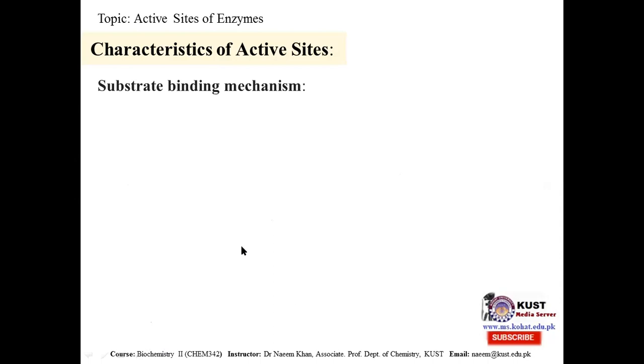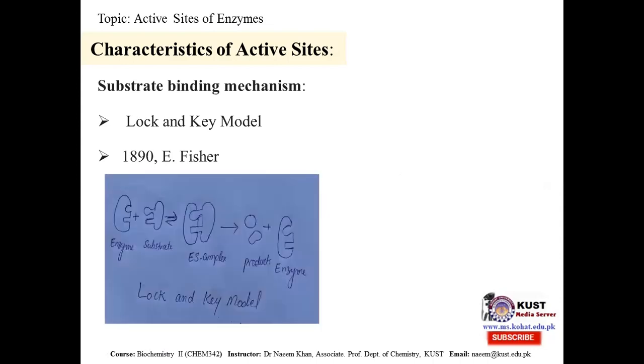Substrate binding mechanism. There are two possible mechanisms which are already explained. One is the key and lock model, explained by Emil Fischer in 1890. According to this model, enzyme and substrate are just like lock and key. First, the enzyme and substrate come together, they become fixed into one another, just like the key fixed in the lock, and this results in the formation of the enzyme substrate complex.